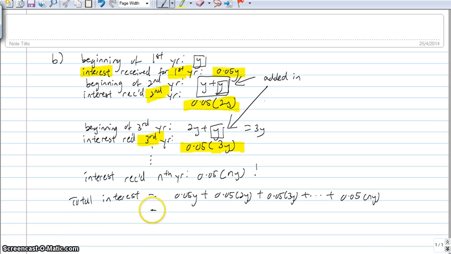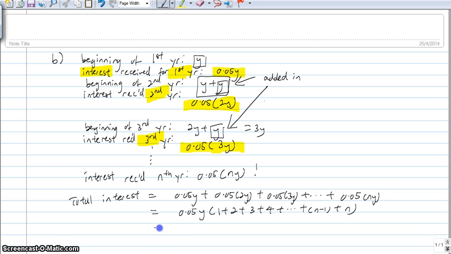Now if I look at this, again I must see whether they follow any pattern. So I have Y, 2Y, 3Y, and so on. If I factorize out the 0.05Y, then I will have 1 plus 2 plus 3 plus 4, then dot dot dot all the way to n minus 1 plus n.